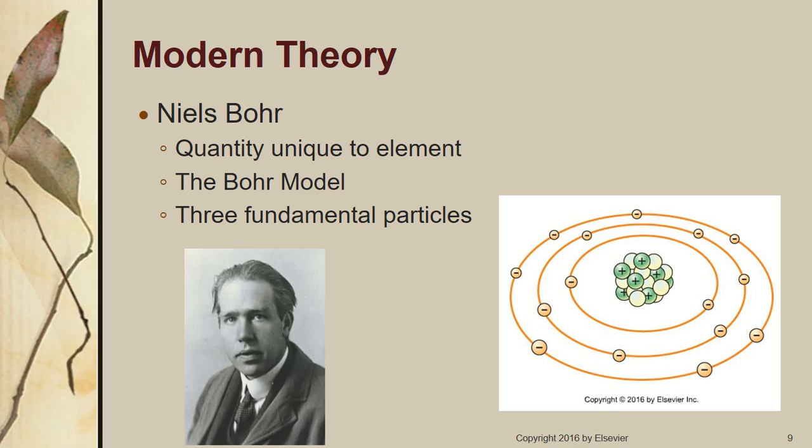Then Bohr took this theory and said there are three fundamental particles of an atom, and those are electrons, neutrons, and protons. And the quantity of each is unique to the matter or element it composes. So a hydrogen atom is different from lead, and a lead atom is different from tungsten, and so on with every element that we have.